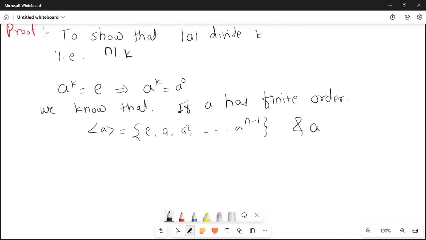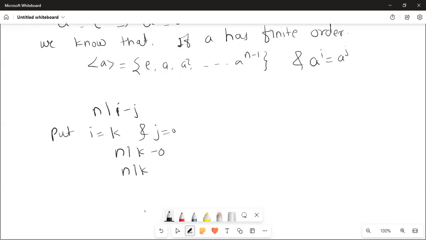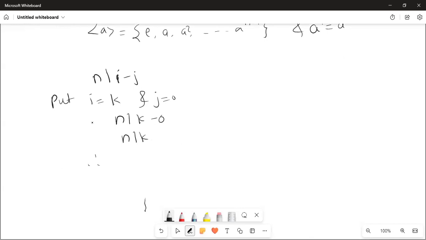And a raised to i equals a raised to j, that means n divides i minus j. Now put i equals k and j equals 0. So k minus 0, that means n divides k. And since n divides k, the order of a also divides k. Hence proof.